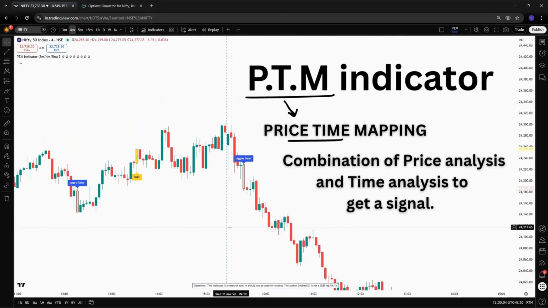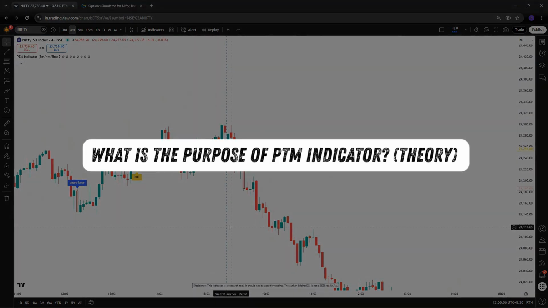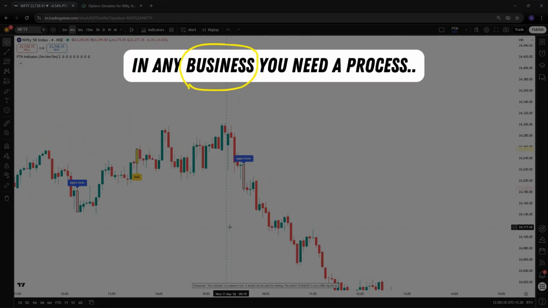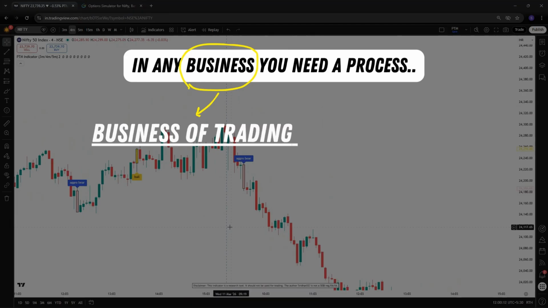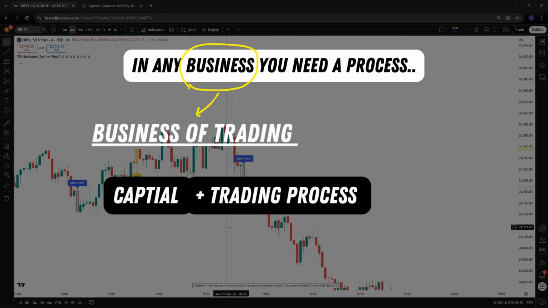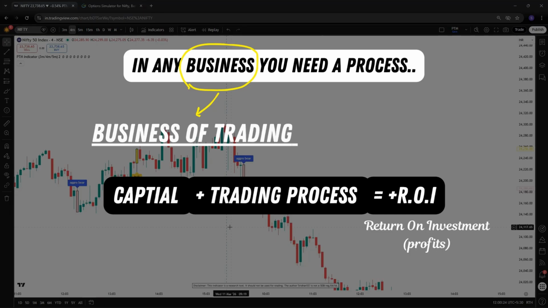All right, now what is the purpose of this indicator? So for any business, you need a process. In the business of trading, it's very simple. You bring capital, you apply that capital to the trading process, and then you get the output, which is your ROI, your return on investment. Simple. Let's break down this block of trading process.